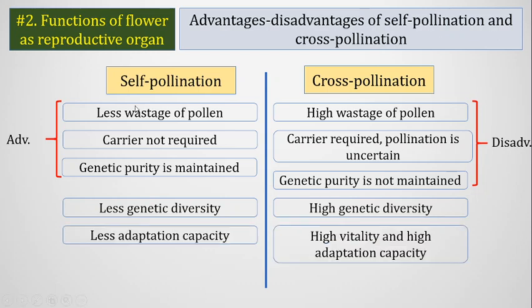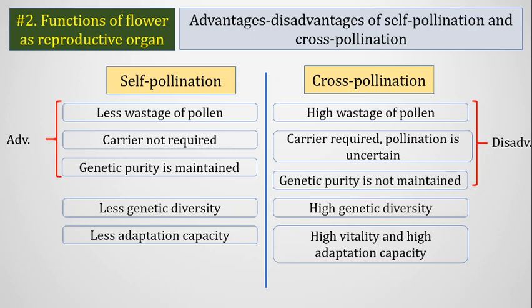As self-pollinated plants have less genetic diversity, they also have less adaptation capacity. So there is a higher chance of extinction under adverse conditions. But in cross-pollinated plants, there is high variety and variation among the offspring, so they have high adaptation capacity.